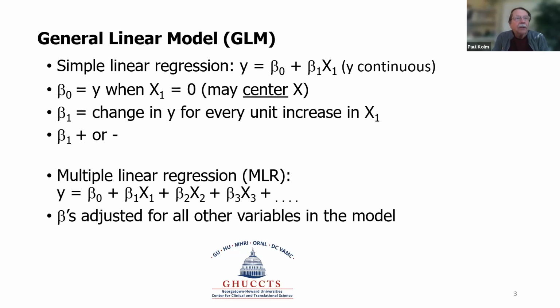So for example, the regression coefficient you get for beta sub 1 is adjusted for beta sub 2, 3, and so on, however many you have. And we refer to this as multivariable linear regression. And later on, I'll talk about what we mean by multivariate regression, because they're technically not the same thing.